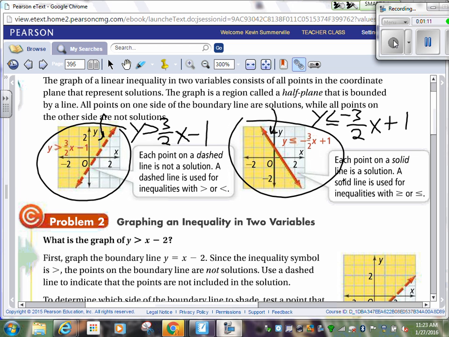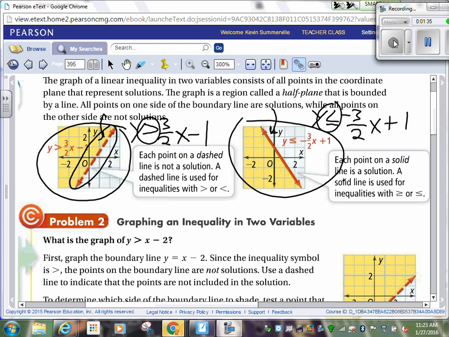It's cut in half, or it's dotted, right? So if you look at this line, it's a dotted line. Okay, so those two lines are different. One's solid, one's dotted.